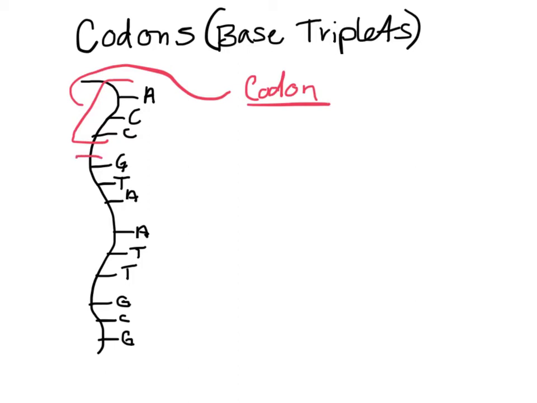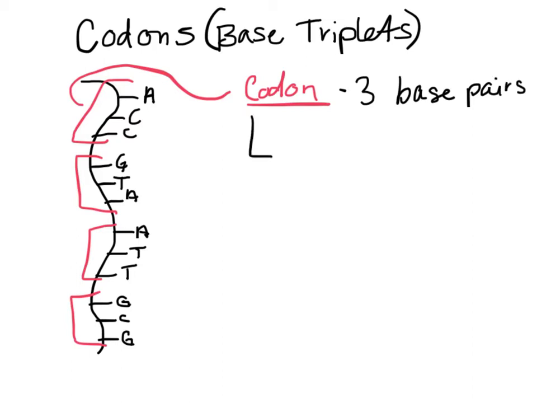Okay, so there's a codon, there's a codon, there's a codon. That codon is essentially 3 base pairs. These then code for proteins.